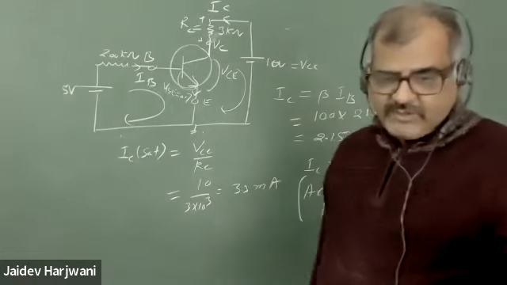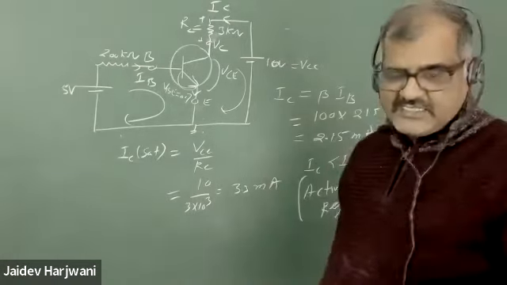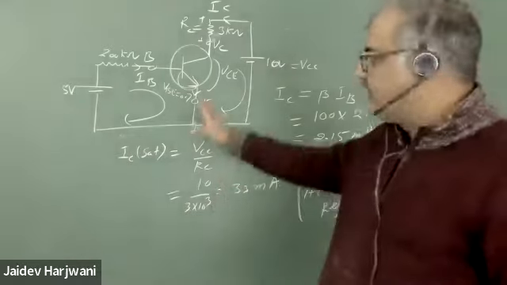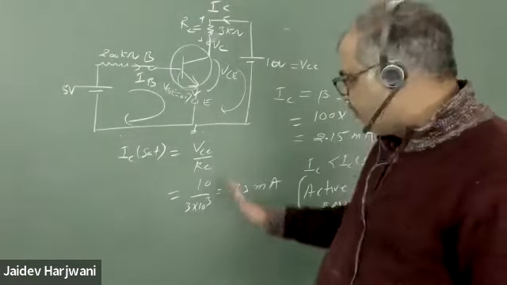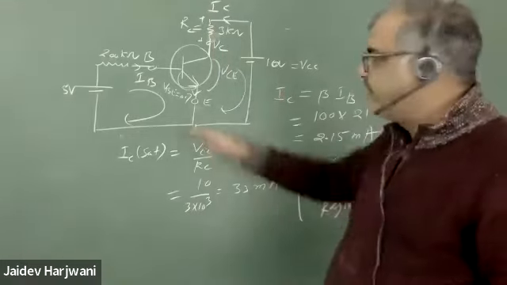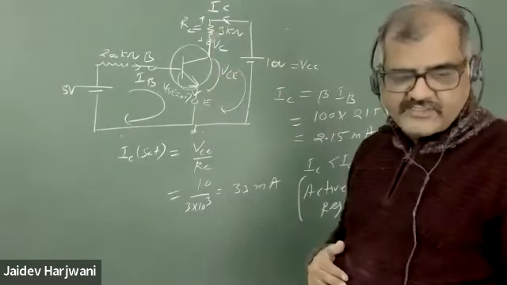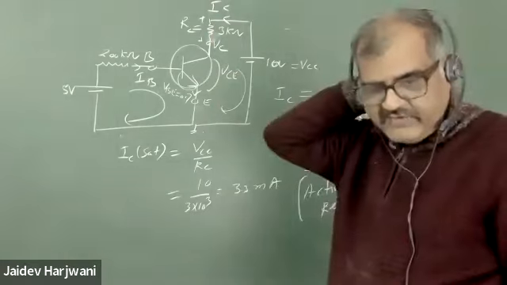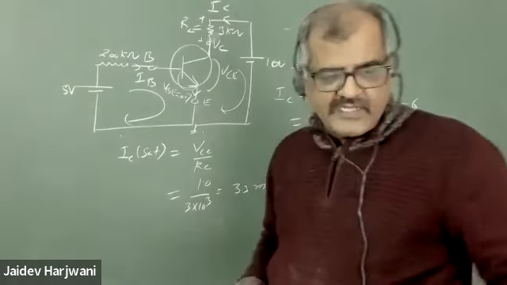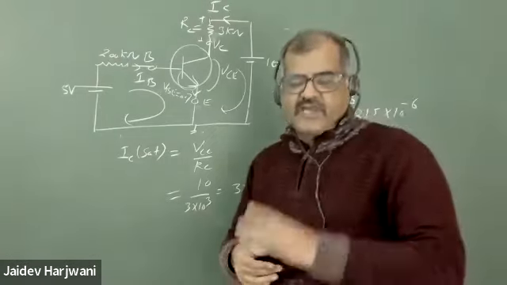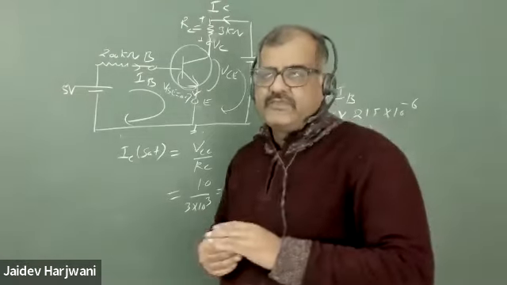Okay, I am telling you that if IC is less than IC saturation, then the operation region is your active region. Now we can check here whether it is really the active region or not. For the active region, what am I supposed to know? What is the condition? For the active region, I made a table in the beginning.